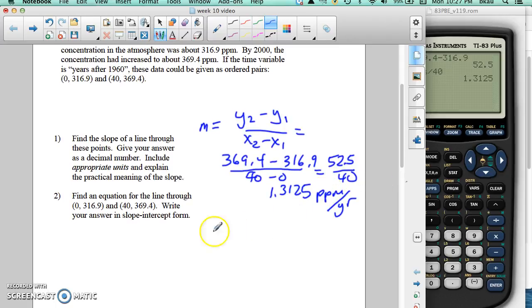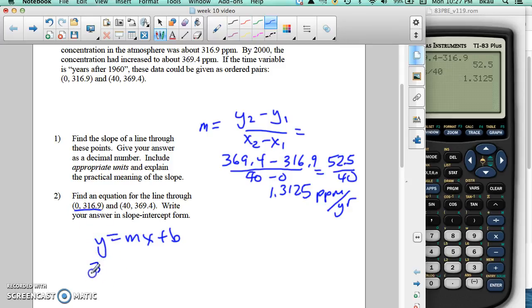Now we can use that to find the equation of our line, looking at y equals mx plus b as your equation. B being the y-intercept, that would be this value here in actuality, because that's when x is 0, and we could actually plug that in just to verify.